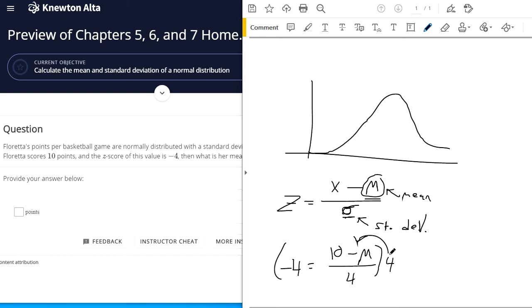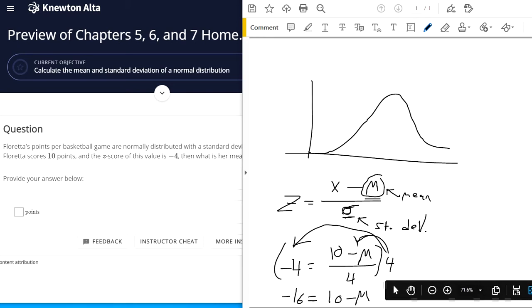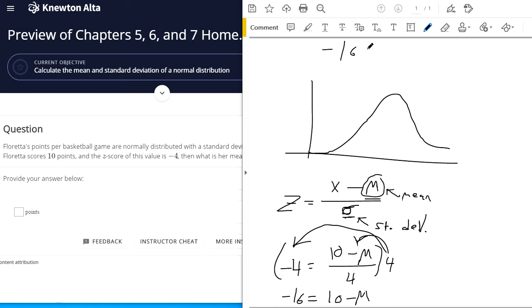So we're going to multiply both sides by 4. So 4 times -4 makes -16. 4 times something over 4 cancels out. So we got -16 equals 10 minus mu. Still trying to get mu by itself. Just copying up here so I have more room to work: -16 equals 10 minus mu.